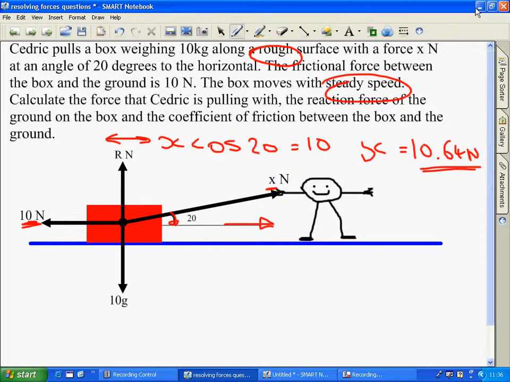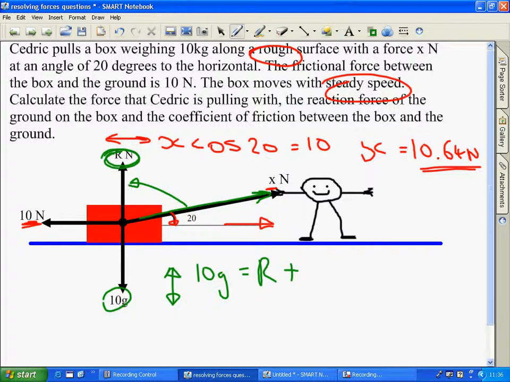Similarly, we can resolve vertically. We know this force acting down of 10g is equal to the reaction force R plus, and this lots of people forget, this also has a component vertically. Horizontally its component was x cos 20, vertically its component would be x sine 20.